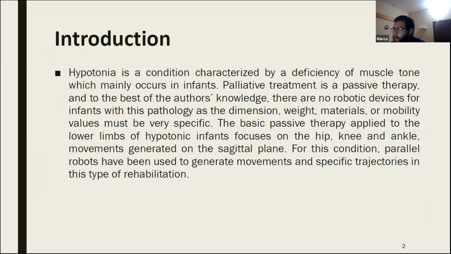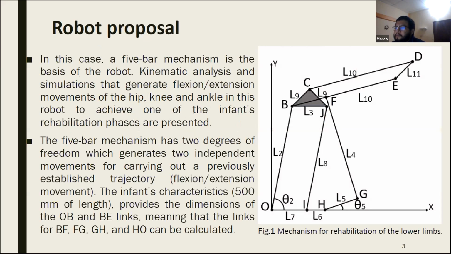The basic passive therapy applied to the lower limbs in hypotonic infants focuses on the hip, ankle, and knee movements generated in the sagittal plane. For this condition, parallel robots have been used to generate movements and specific trajectories in this type of rehabilitation. Robot proposal: in this case, a 5-bar mechanism is the basis of the robot.